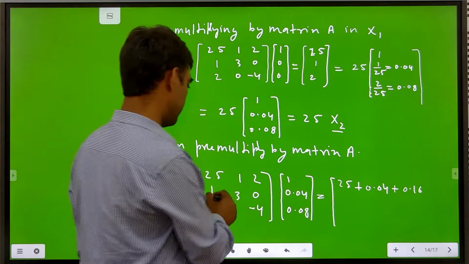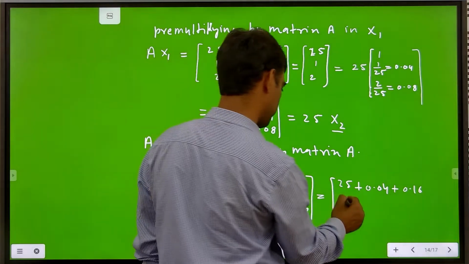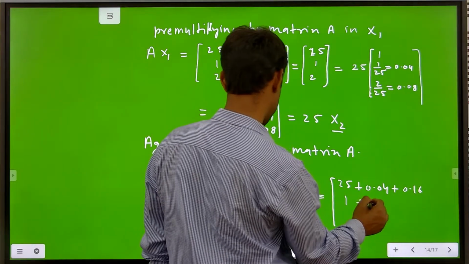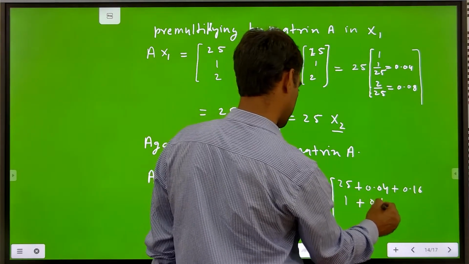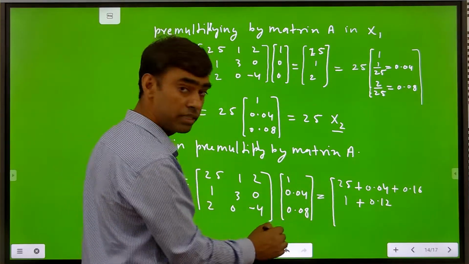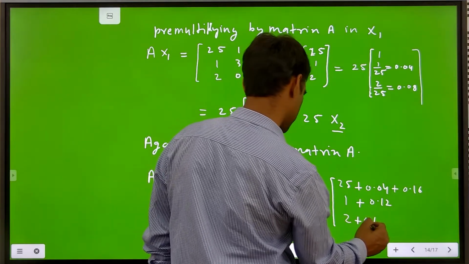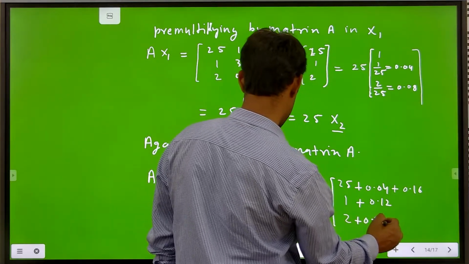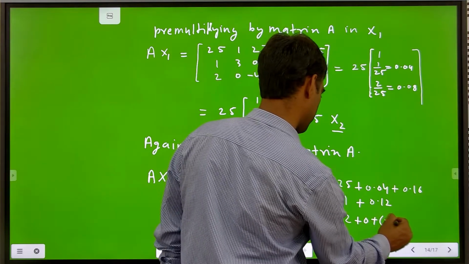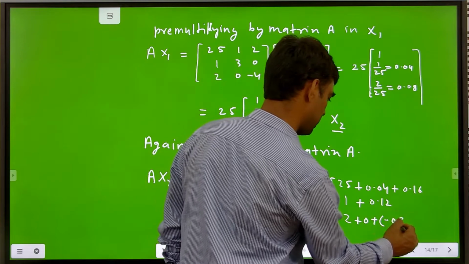Similarly, the second row by this column, 1 plus 0.12, and the third row by this column, 2 plus 0 minus 0.32.